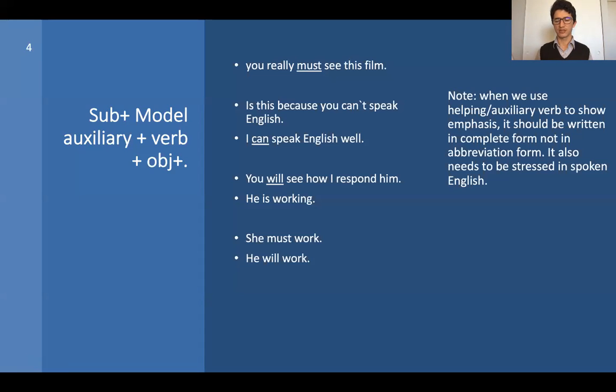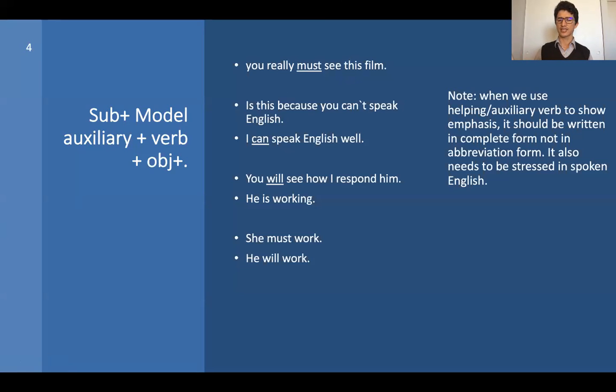So sometimes we can use a modal auxiliary verb also to show emphasis, like this one here. You really must see this film. It means you have to watch it. Look at this example. Is this because you can't speak English? So we say someone else, is this because you can't speak English?